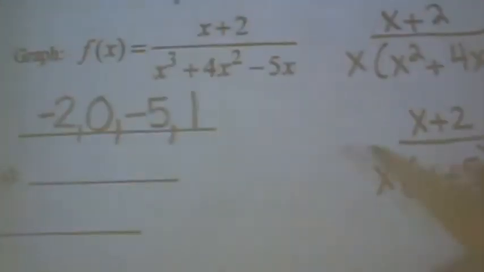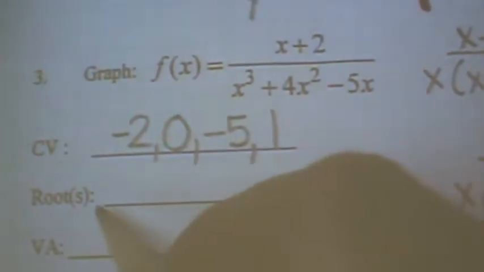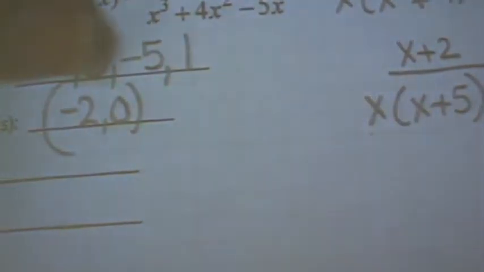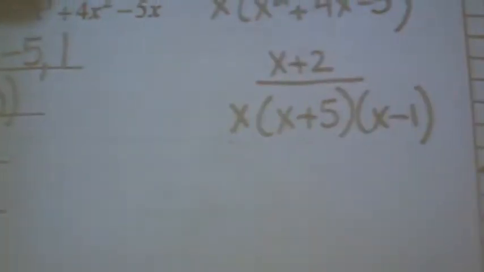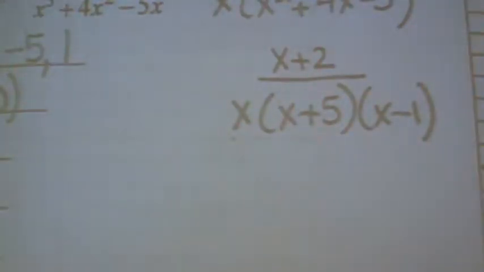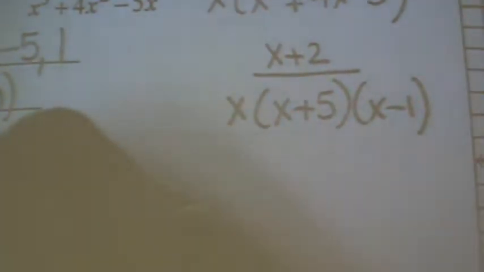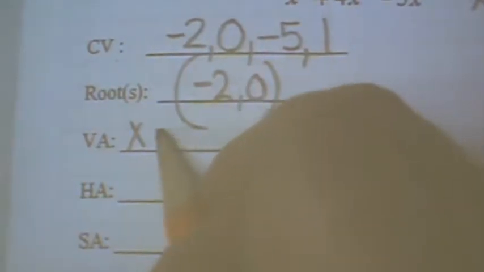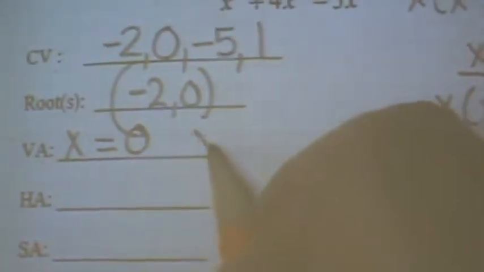Okay, go back to our list of items. Our roots. Where in the numerator are you going to get a 0? Well, at -2, 0. So let's plot -2, 0. Our asymptotes, we have 3 of them. The vertical asymptotes are x is 0, x is -5, and x is 1.